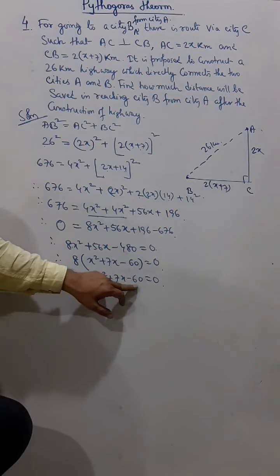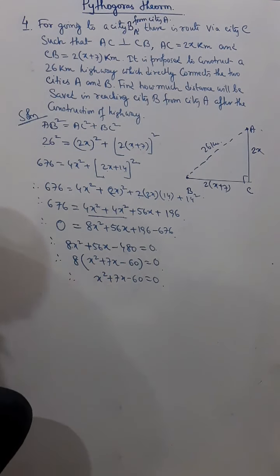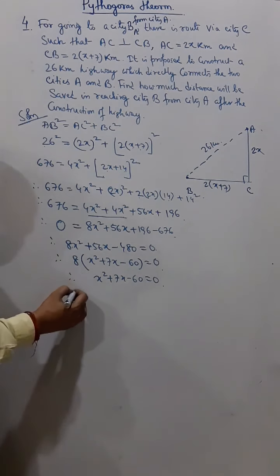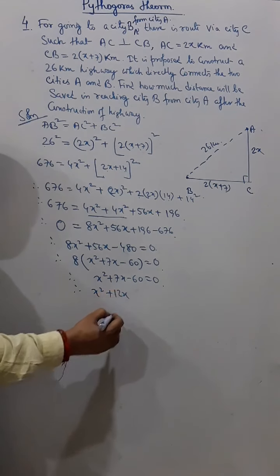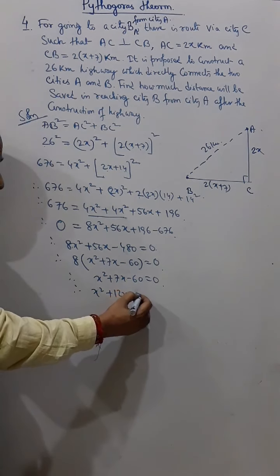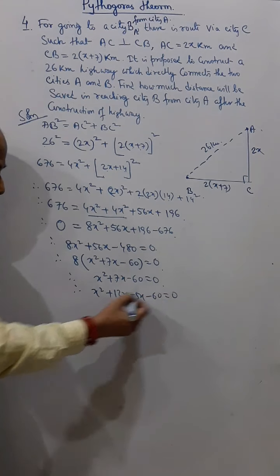Now we'll solve this quadratic equation. We'll break 60 to get 7 in the middle. 12 fives are 60 and 12 minus 5 is 7. So we can write it as x square plus 12x minus 5x minus 60 is equal to 0.